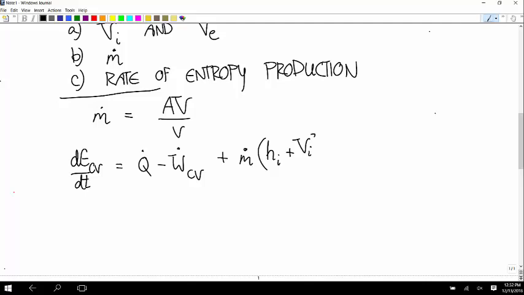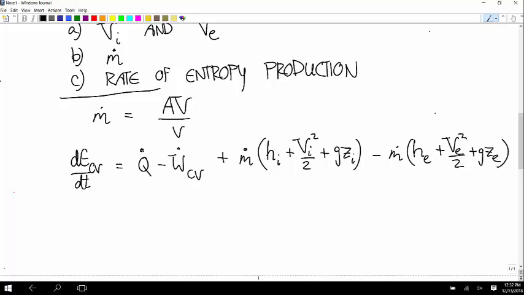Plus VI squared over 2 plus gZI minus m dot times the quantity HE plus VE squared over 2 plus gZE.